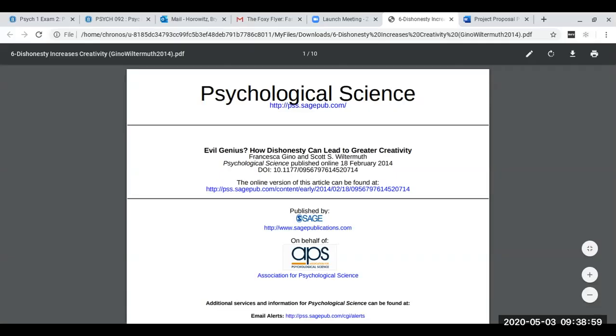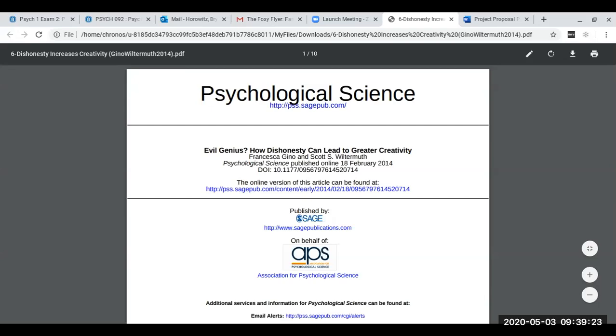So, without further ado, I'm going to read you an article called Evil Genius: How Dishonesty Can Lead to Greater Creativity. In this, there's actually 5 different experiments, and remember what I told you for the seed article critique: if there was more than one experiment, you only needed to concentrate on one. So, does this give you 5 different options to choose from in one article?